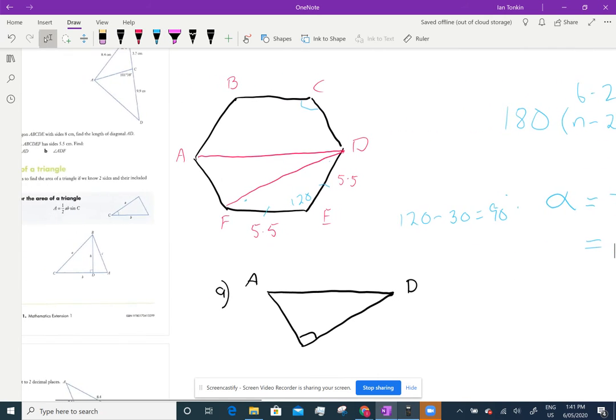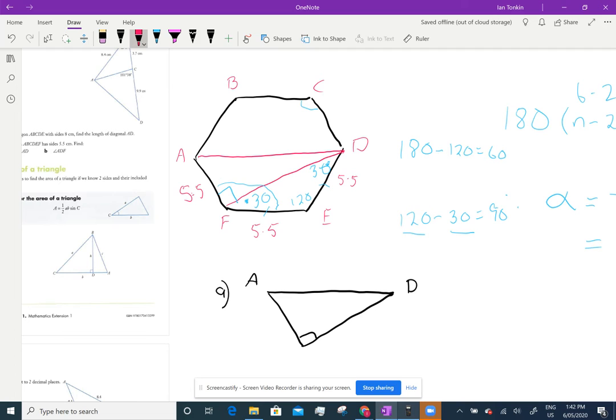If it's isosceles, these two angles are the same. 180 minus 120 leaves me with 60, which means these two must be 30 degrees each. I know all of this is 120. So 120 minus the 30 is 90. So this is a right angle. I know this is 5.5.